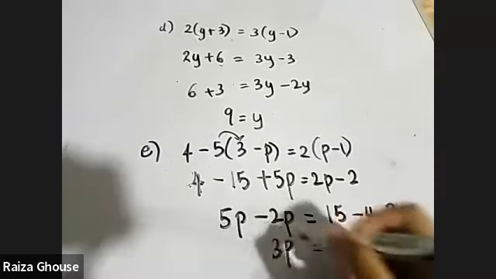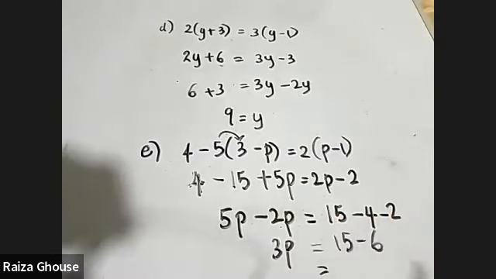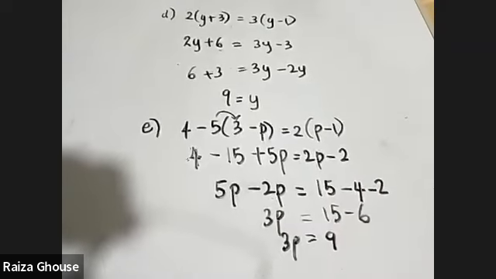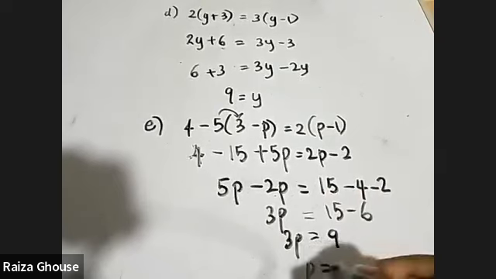Minus 6. Very good. Now she got it. Here you are getting 3p. 3p equals 15 minus 6, which is 9. So if 3p is 9, you know that 1p is 9 divided by 3. You are getting the answer 3.